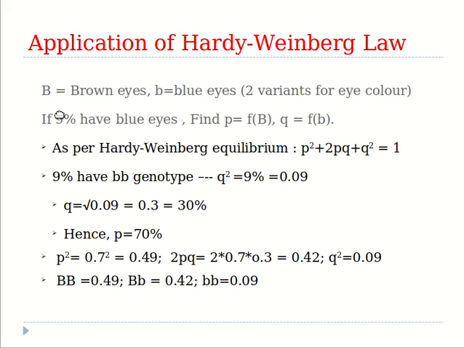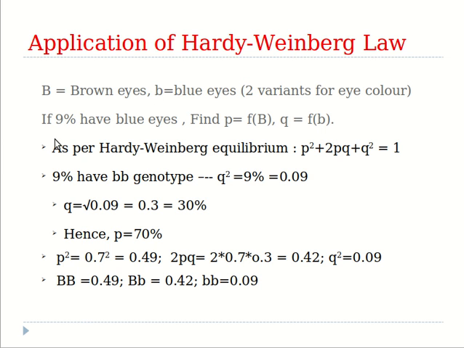Here there is an example. B represents a variant form for brown eye color, and small b is for blue eye color. These are the two genetic variant forms for eye color.